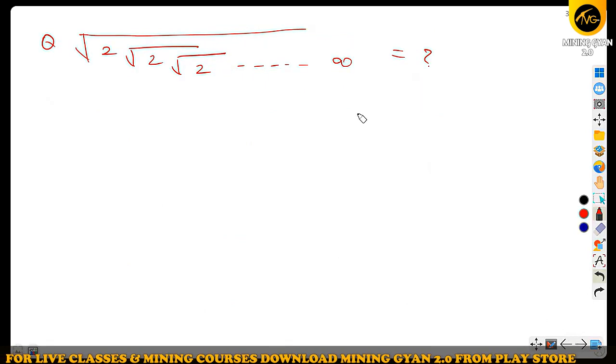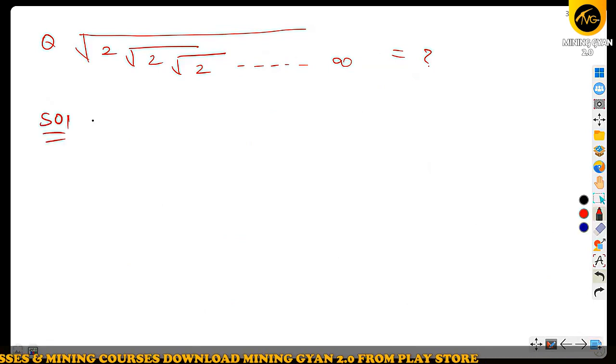Now the next type is root over 2 under root 2 and it goes to infinity. Always remember, in this type of question there is no plus or minus sign between these roots, right?